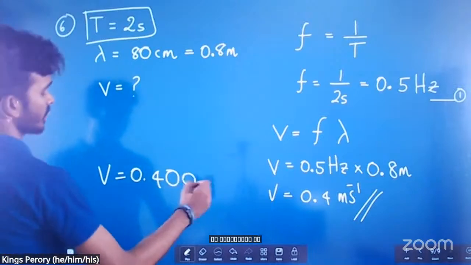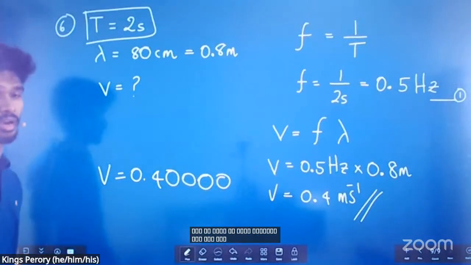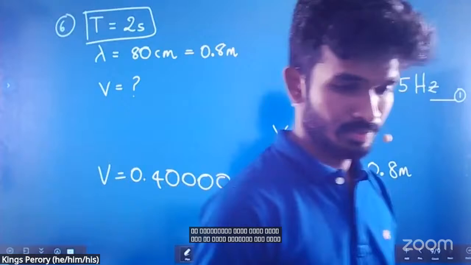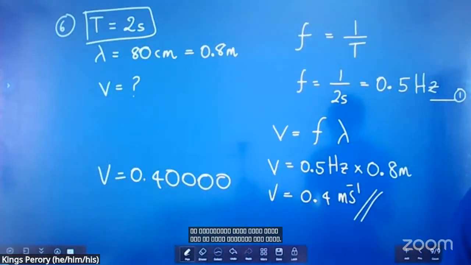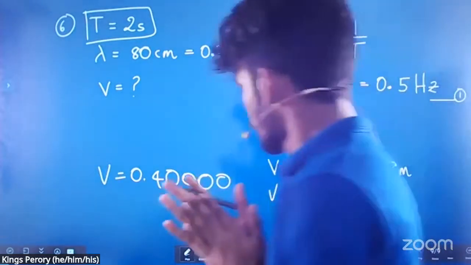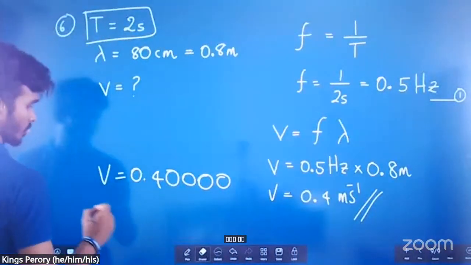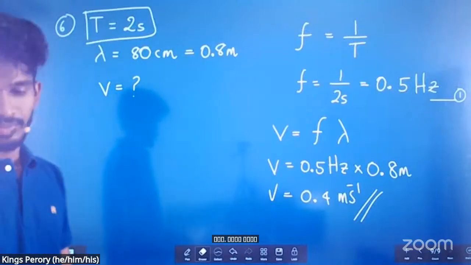How many zeros you put after the decimal doesn't count. Right.